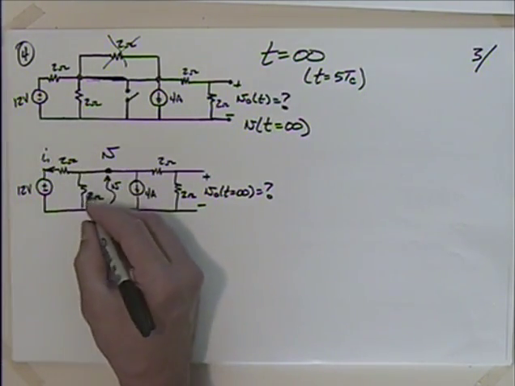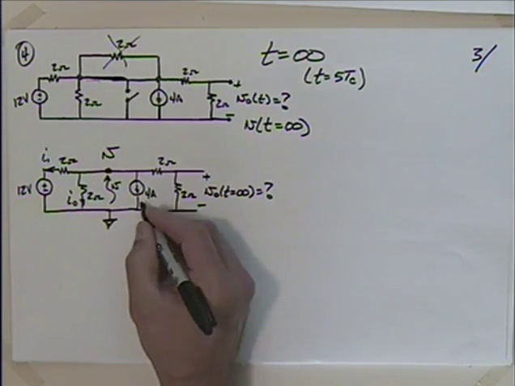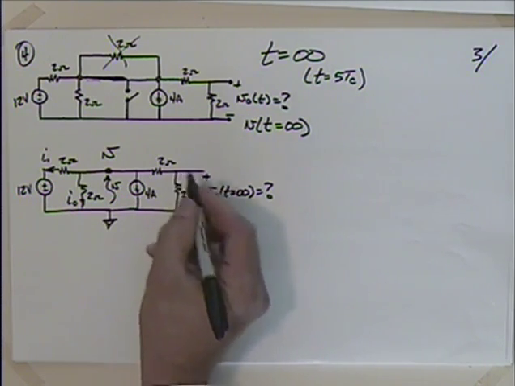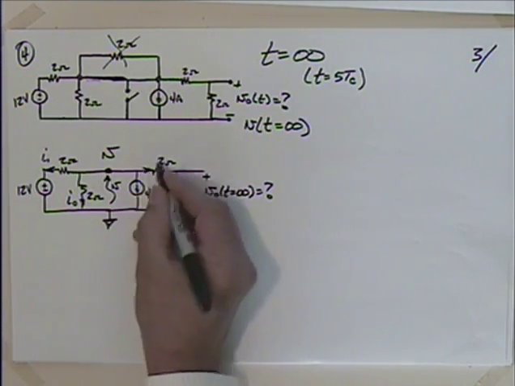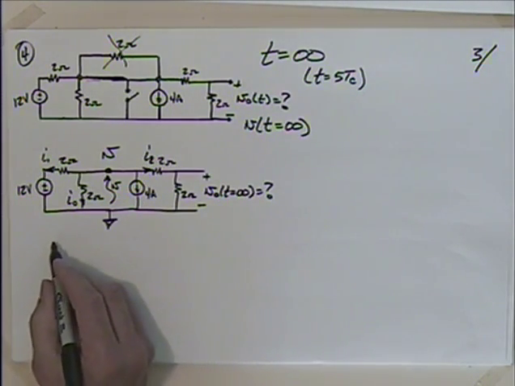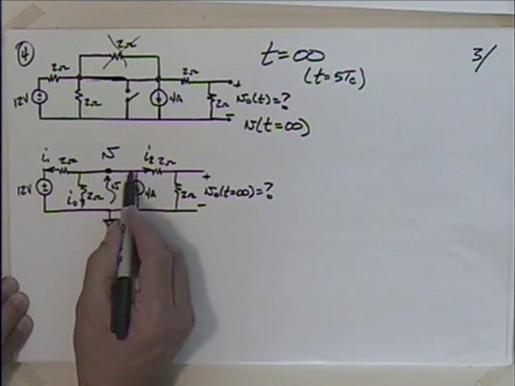I1. Let me call this, I think we had that as I0 before. This is going to be 4, and we'll mix this up, we'll call this the other direction, I2. So I can say, with Kirchhoff's law, and I really only have one essential node, this is all one node up here, isn't it?